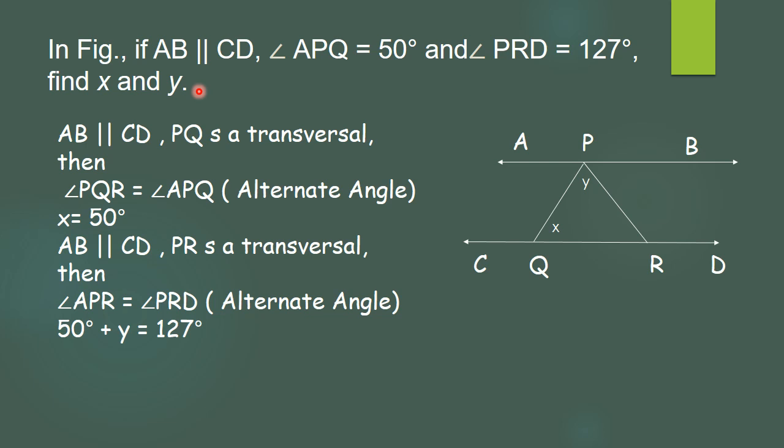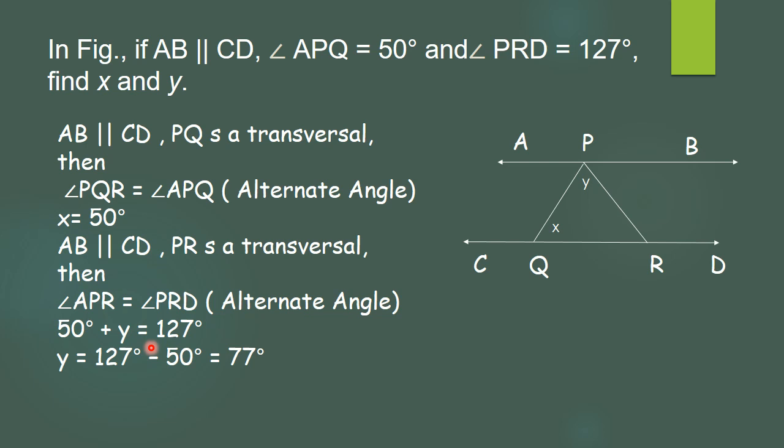So we get 50 plus y is equal to 127, and therefore the value of y is 127 minus 50, that is equal to 77. So we get the value of x as 50 and y as 77.